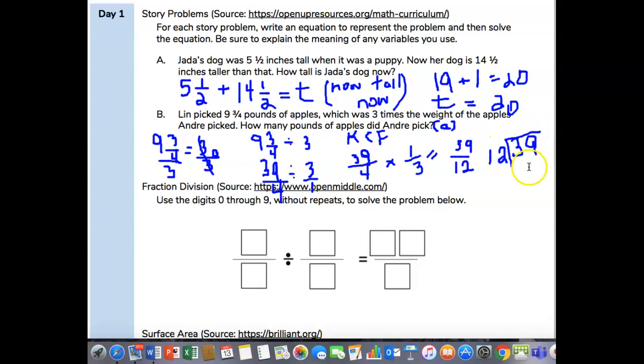12 times what is close to 39 without going over? So 3. 3 times 12 is 36. And then we subtract. 9 take away 6 is 3. The 3 becomes the new numerator, and the 12 is the denominator. Now, one last thing we need to do is reduce that 3/12 to lowest terms.